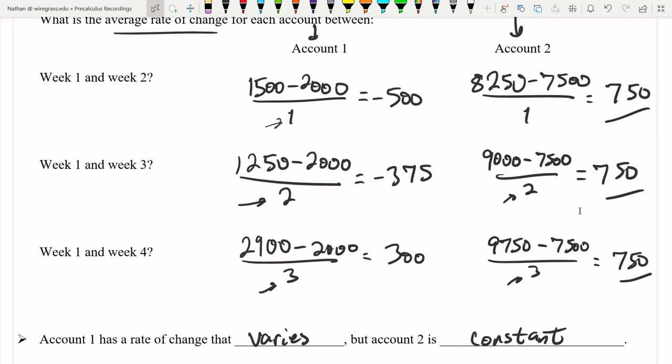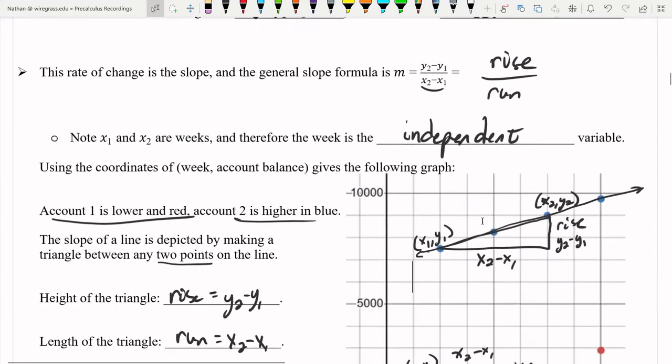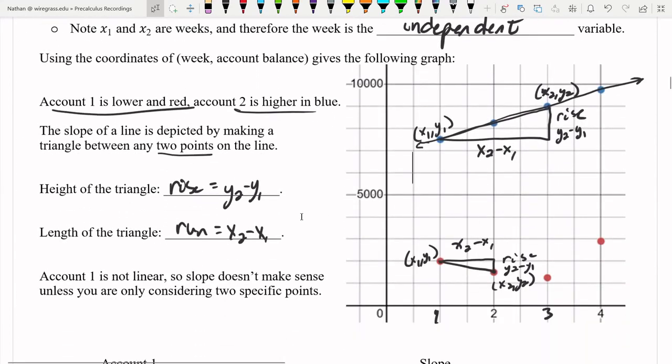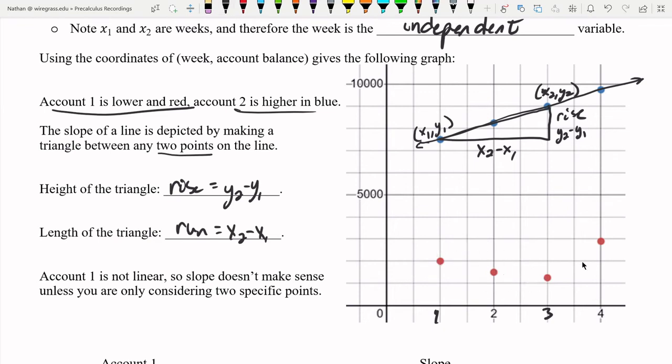Account 1, you can't say that. There is no slope because it's changing every single time. But you can calculate a slope between 2 specific points. As long as you're considering only 2 points, then you can calculate this. And so what you could say instead is, let's look at an average rate of change over the entire data set.